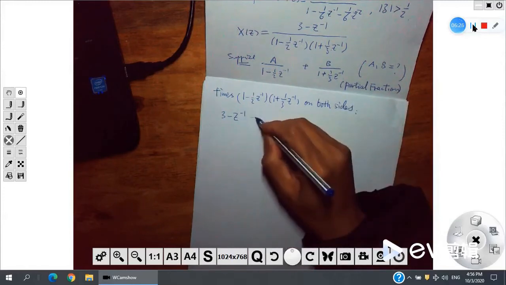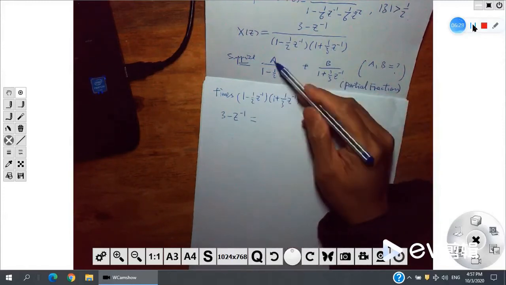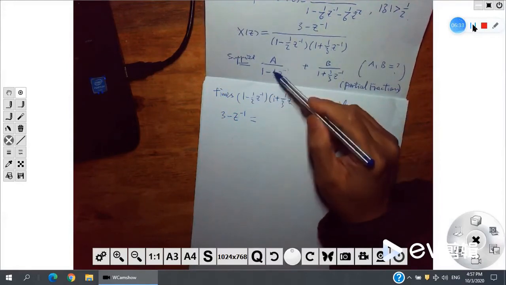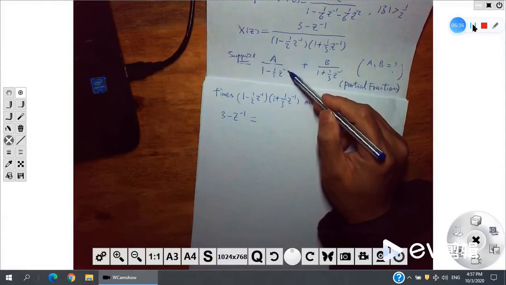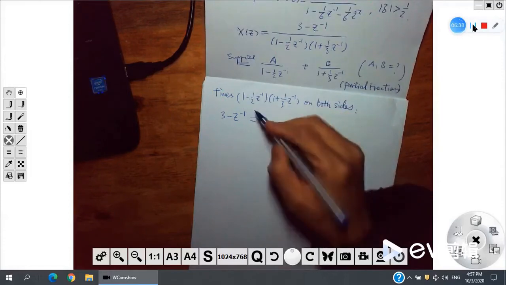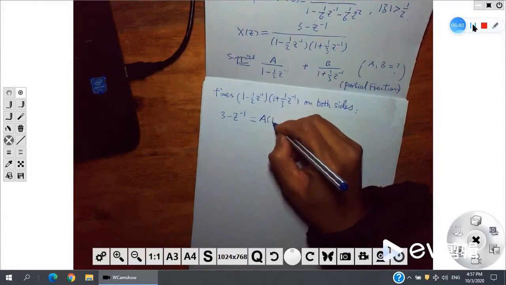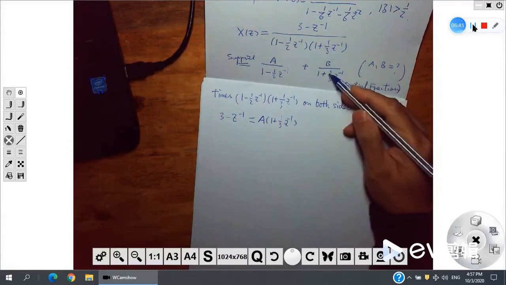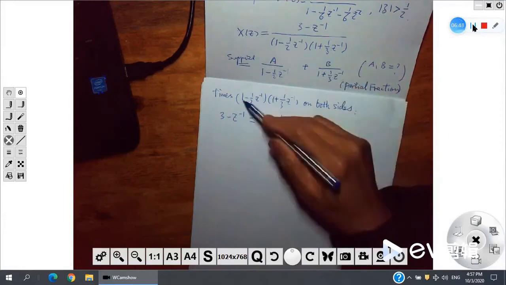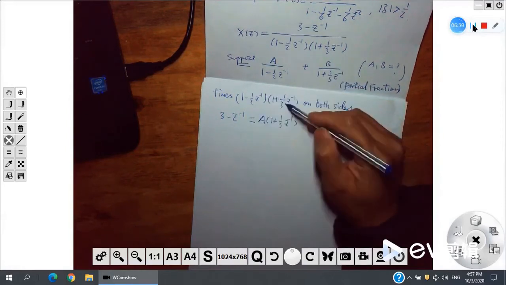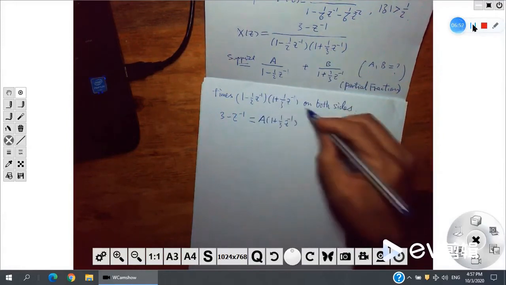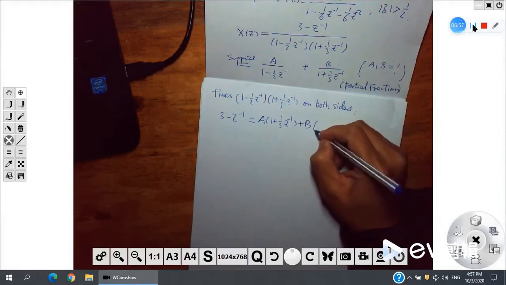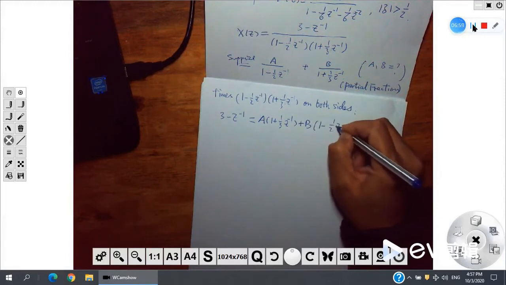And equal to, on the other side, the a term: the denominator 1 minus 1 half z to negative 1 cancels, so we only have a times 1 plus 1/3 z to negative 1. And the second term, b over 1 plus 1/3 z to negative 1 times these, the 1 plus 1/3 term is erased, so I have b times 1 minus 1 half z to negative 1.